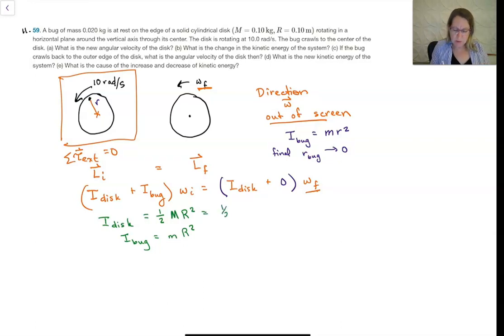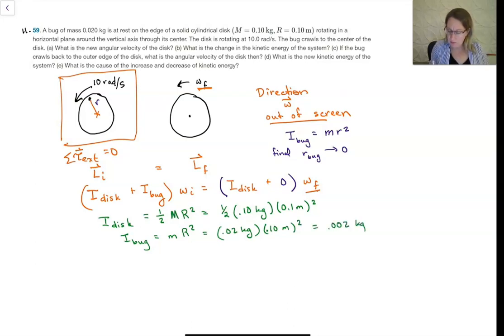So this one becomes 1/2 times 0.1 kilograms times 0.1 meters squared, and this one is 0.02 kilograms times 0.1 meters squared. So this becomes 0.005 kilogram meters squared, and this becomes 0.002 kilogram meters squared.